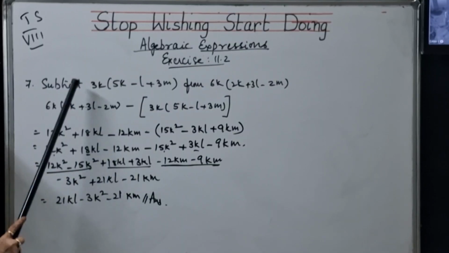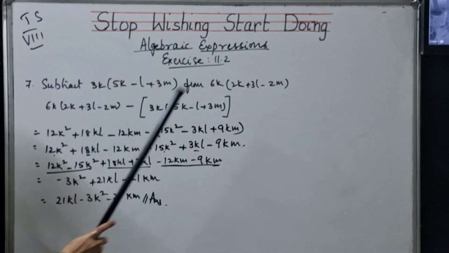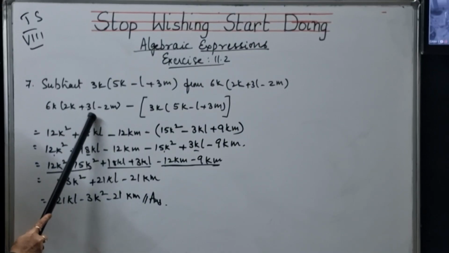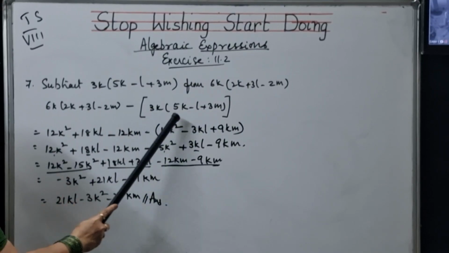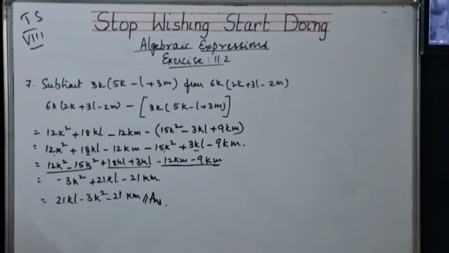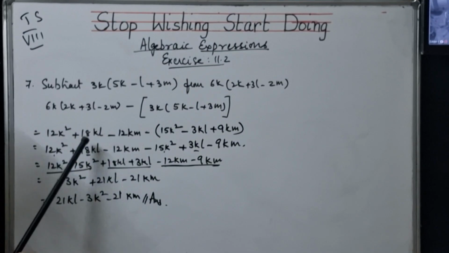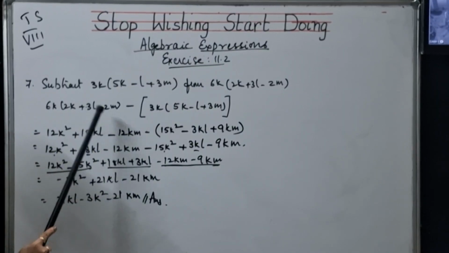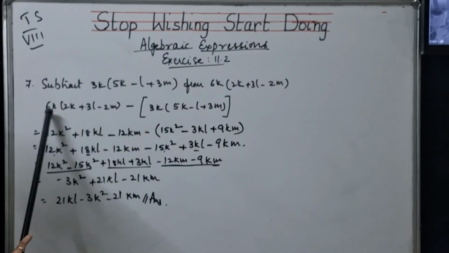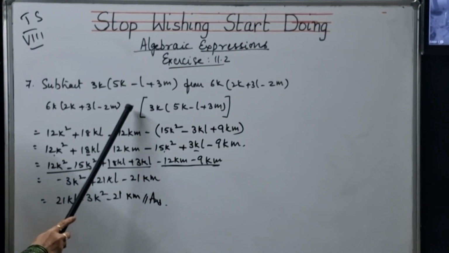So you have to subtract this value from this. So 6k into (2k plus 3l minus 2m) minus of 3k into (5k minus l plus 3m). So 6 2s are 12k square, plus into plus plus. 6 3s are 18kl, plus into minus minus. 6 2s are 12km, minus.